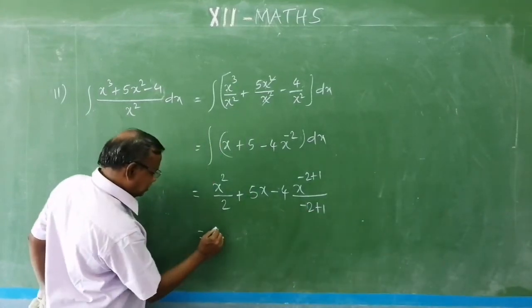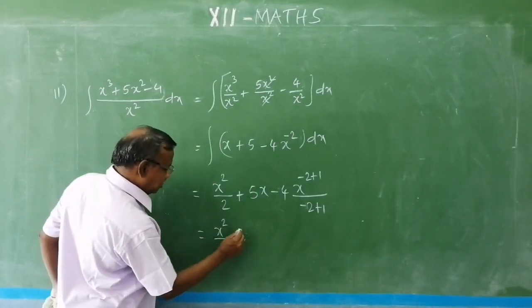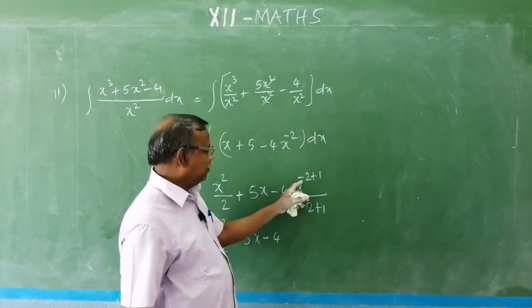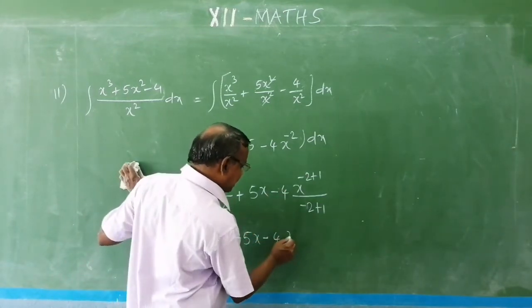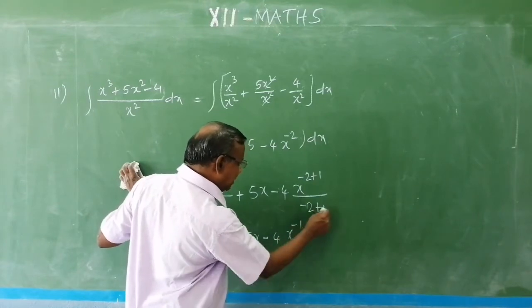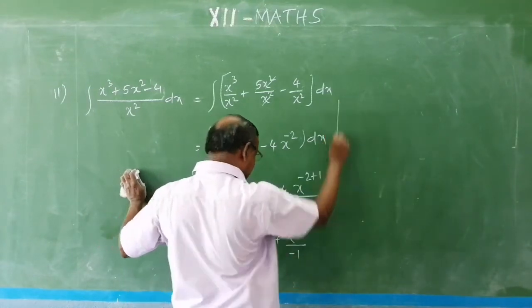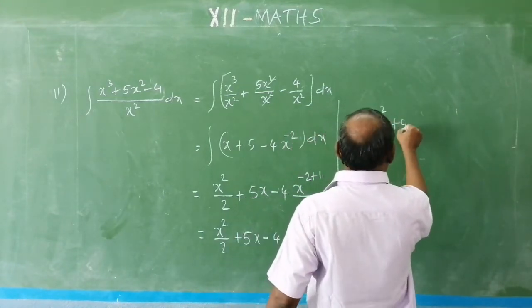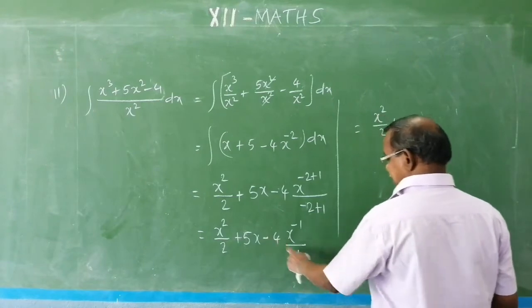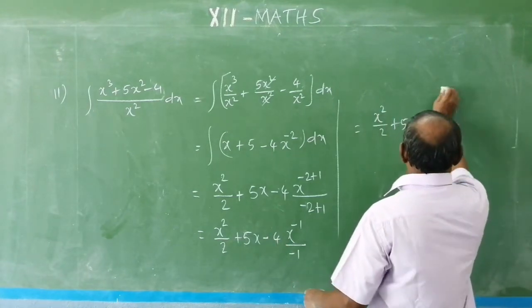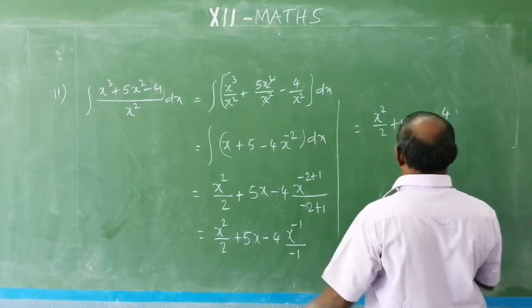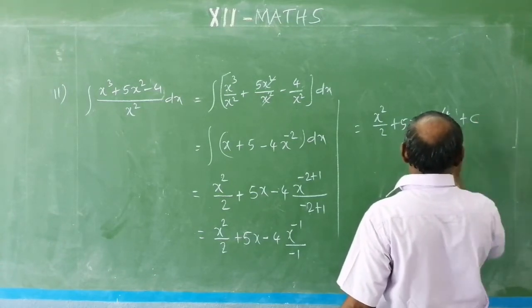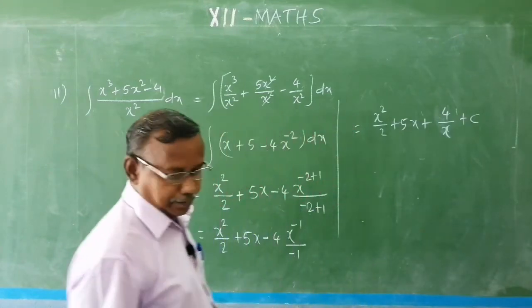This is equal to x square by 2 plus 5x minus 4 into x power minus 2 plus 1, means x power minus 1, divided by minus 1. So it is x square by 2 plus 5x, and minus into minus, plus 4 into x power minus 1, that is 4 by x, and finally one arbitrary constant plus c. So this is the answer.